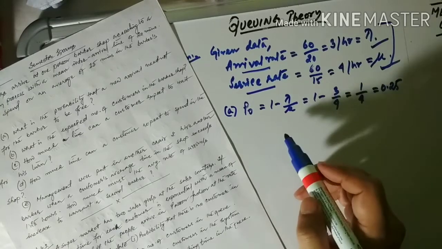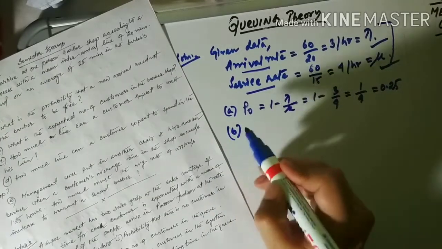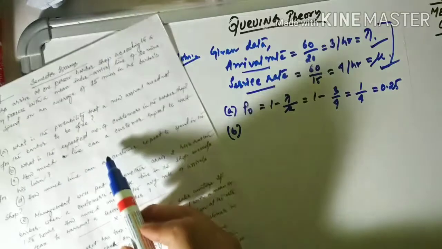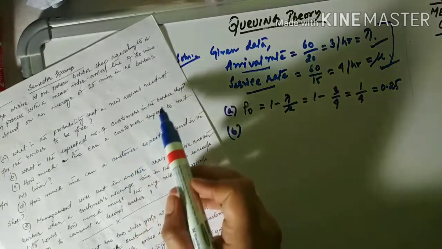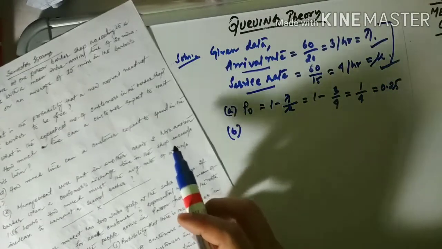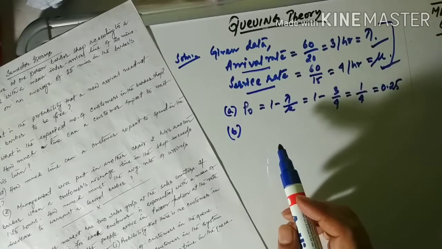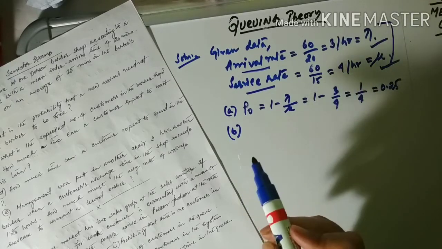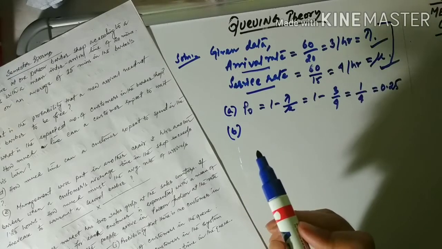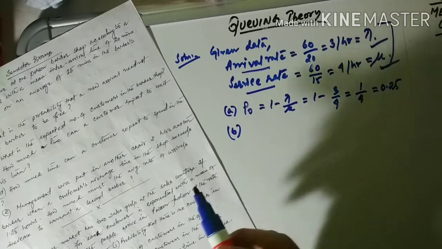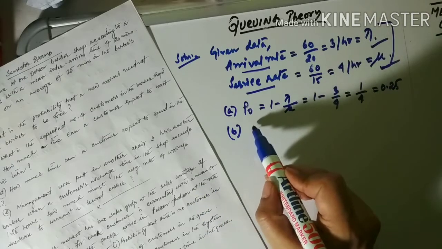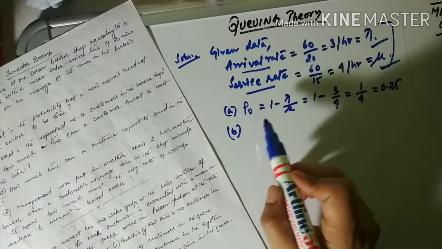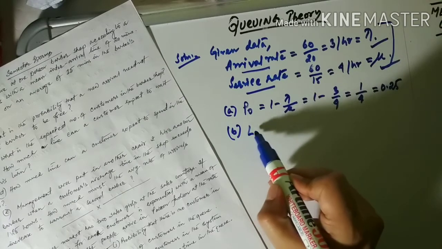Next says, what is the expected number of customers in the barber shop. Expected number of customers in the barber shop means the total in the system, the system length they are asking. Expected number of customers means the total number of customers in the system, and we can say it as LS.